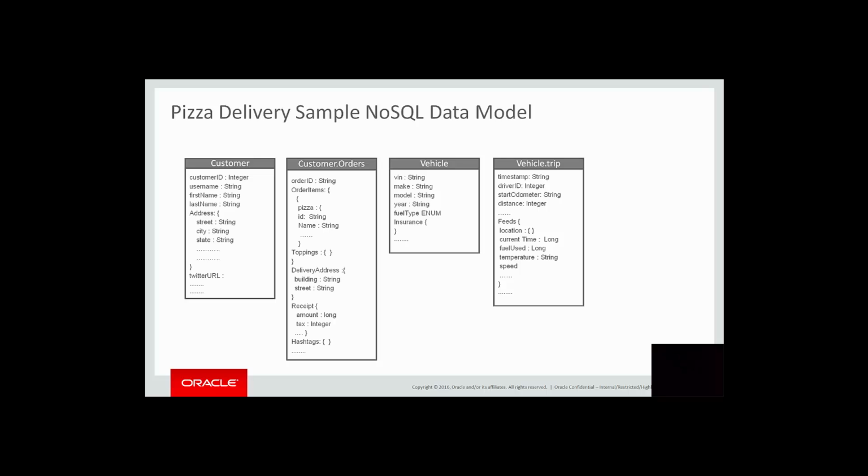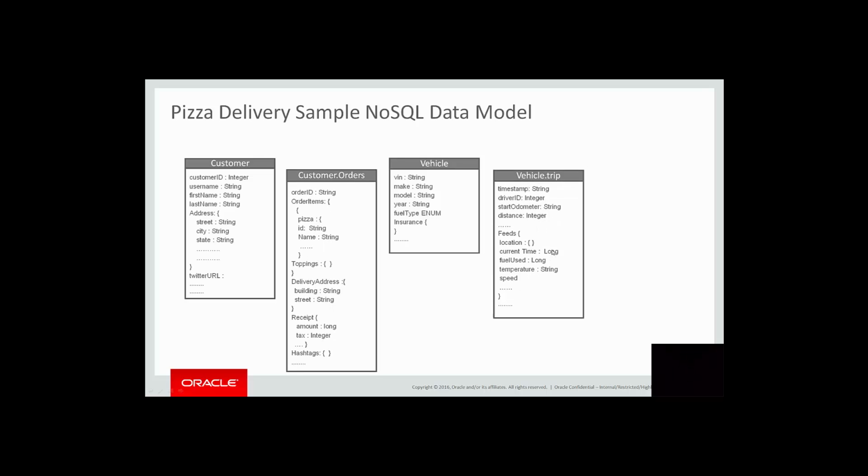All right, let's talk a little bit about the kind of data model he's going to use. So imagine all these are tables. We're going to use the table data model. There will be a customer profile, the customer order, the vehicles profile, and the trip information here.